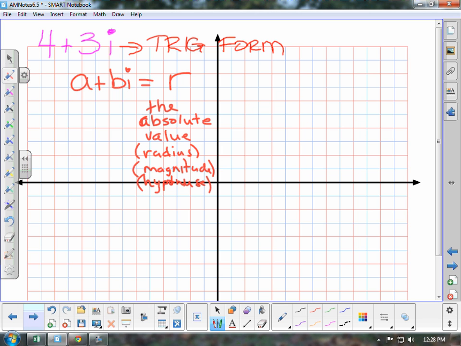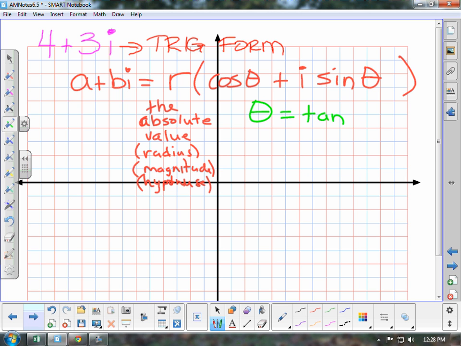Similarly related things. And then the other part of your trig form is cosine of theta plus i sine of theta. And to figure out theta, you would take the inverse tangent of the b part over the a part.